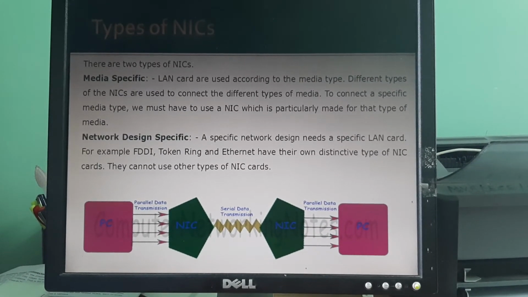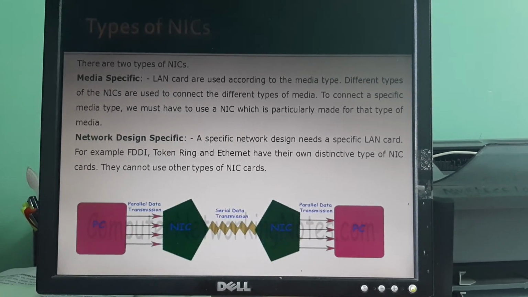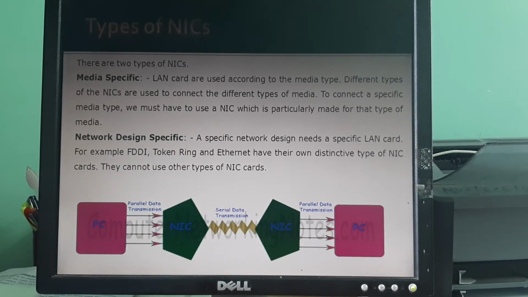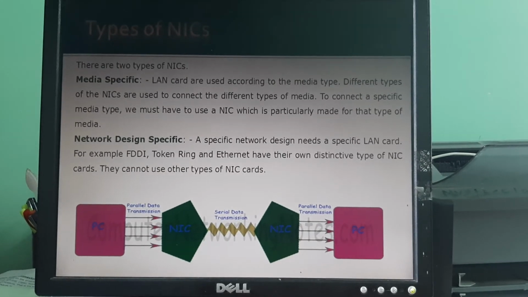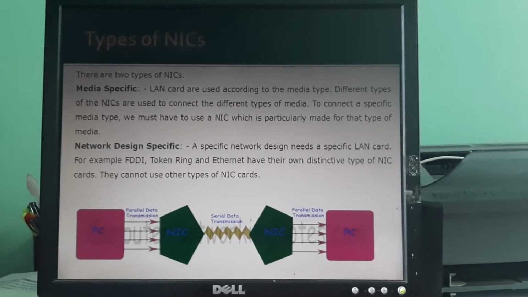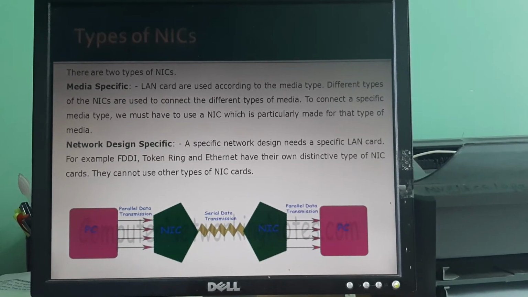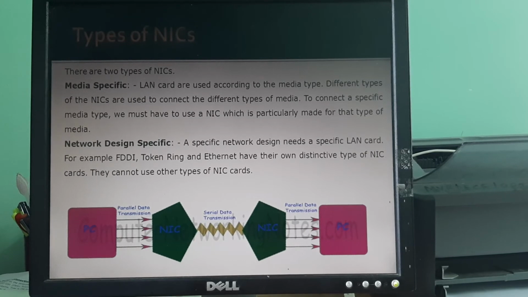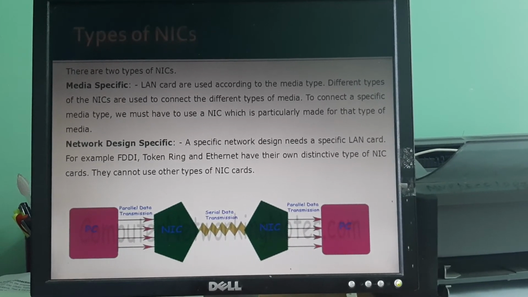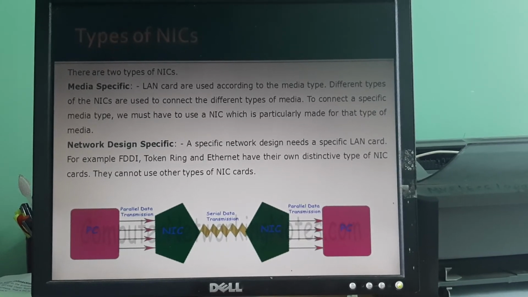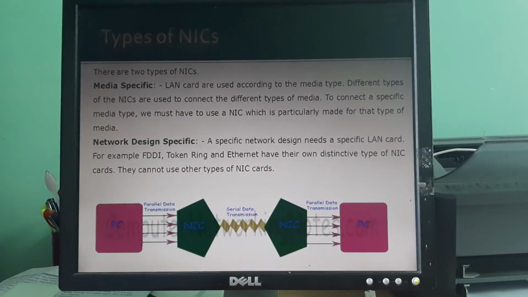There are two types of NICs. One is media specific, the second is network design specific. Media specific means LAN cards are used according to the media type. As we discussed, there are different types of media, like coaxial cable, fiber optic cable, twisted pairs. Based on that media, the NICs used to transmit the data are called media specific NICs.